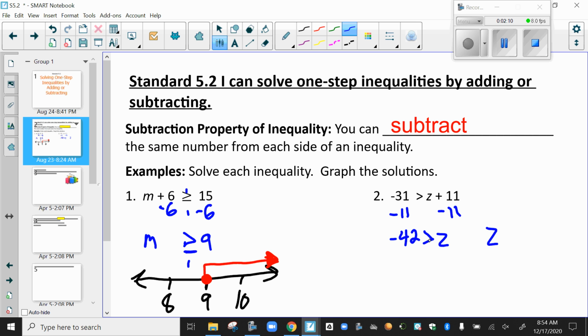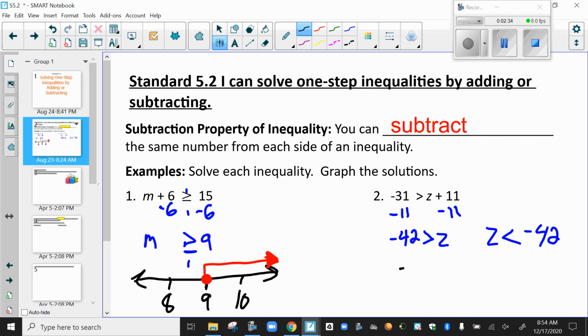Z. I'm going to flip my sign over. See how it's pointing to Z, so it still has to point to Z, right? See how my sign's different? Then I'm going to take the number and move it to the other side, minus 42. And it stays the same side because we're not adding or subtracting to make it move, right? We're just flipping the whole thing over, right? So you got to make sure your sign stays. So now we have Z is less than negative 42.